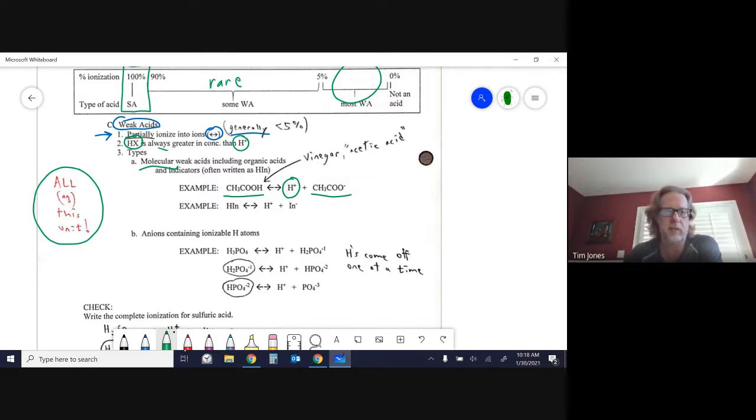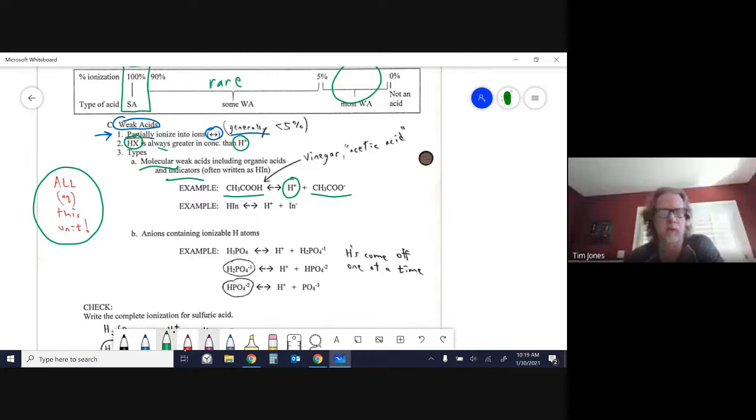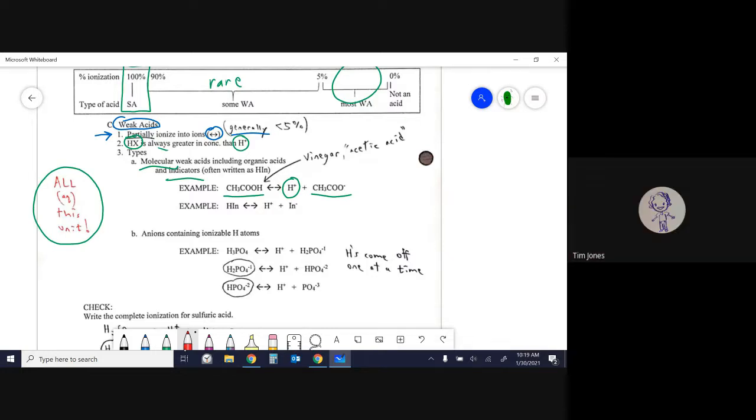It turns out acid-base indicators, those things that change color, whether you put them in an acid or a base or you change their pH significantly, are also molecular acids. And we'll cover this in more detail later on, but you'll see it written like this, where the actual molecule is very complicated, and we don't want to take the time to write out all the atoms and complicated formulas.